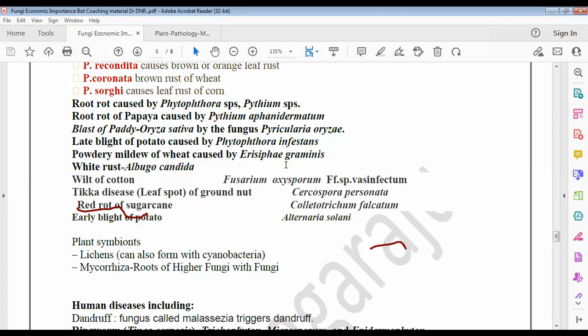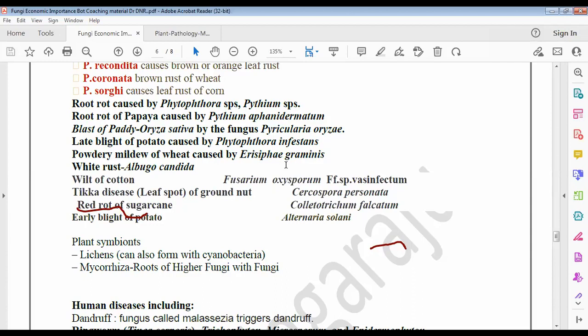Perfect stage of Cercospora, of Aspergillus, of Penicillium, I told you yesterday. You forgot by the very next day. How can you remember up to the exam? So you have to repeat again. Note down the important points and repeat after the class so that you will remember for long.